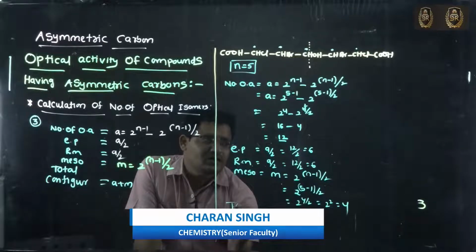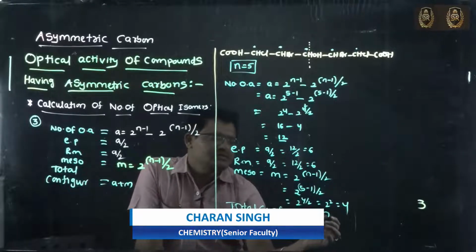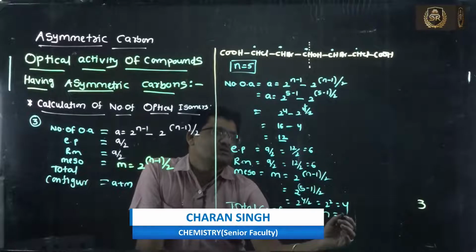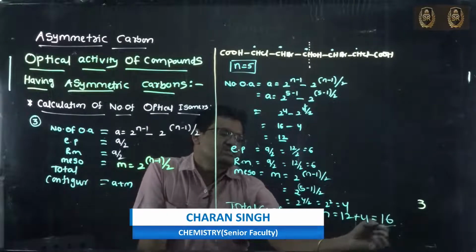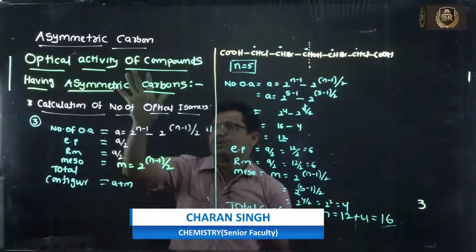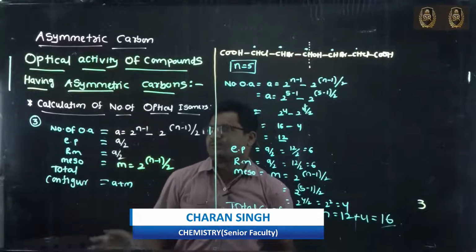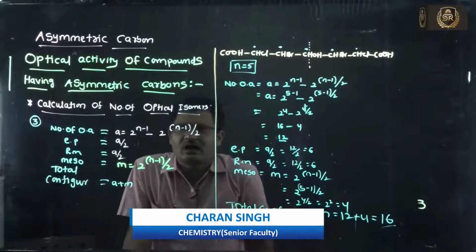Then total configuration equals A plus M. The total is 12 plus 4 equal to 16. This is the calculation of the number of optical isomers for an optical active compound having asymmetric carbon.